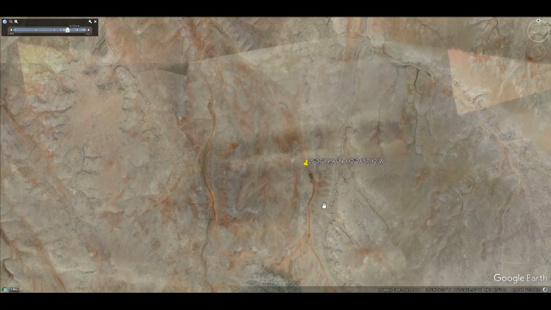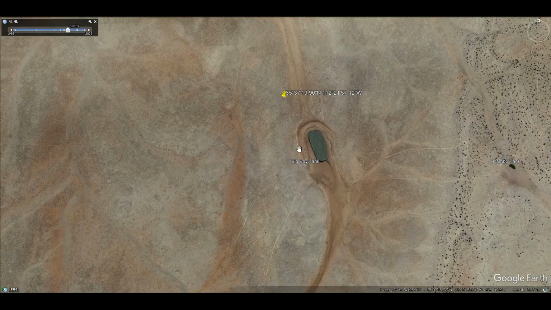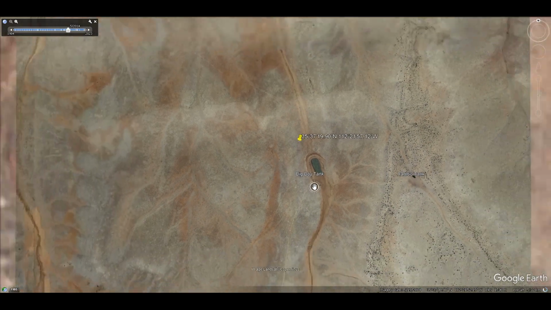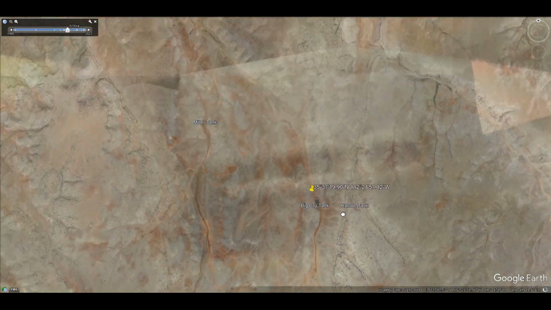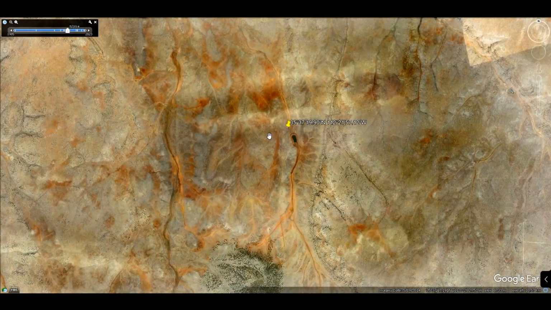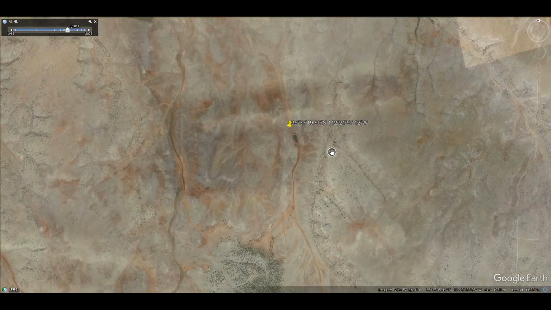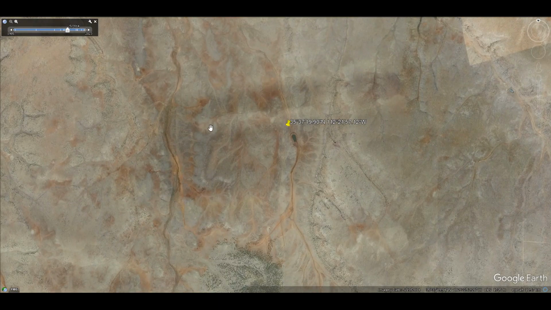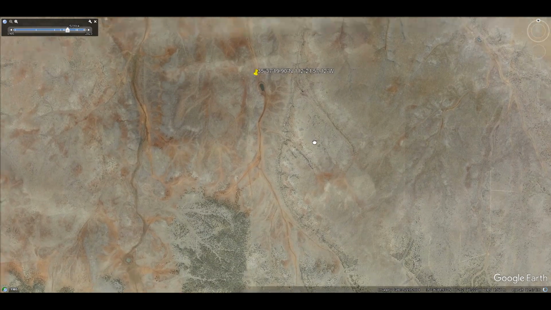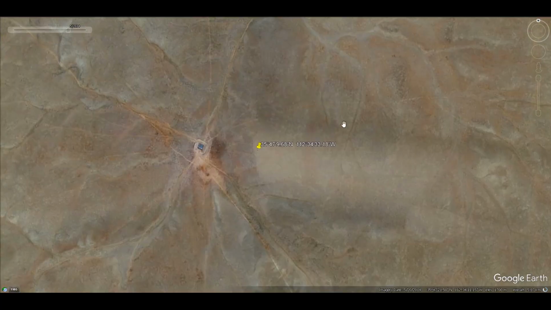Do you see them there? Another water tank on the stone column. And another tank.